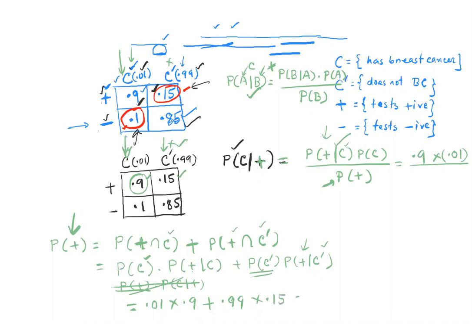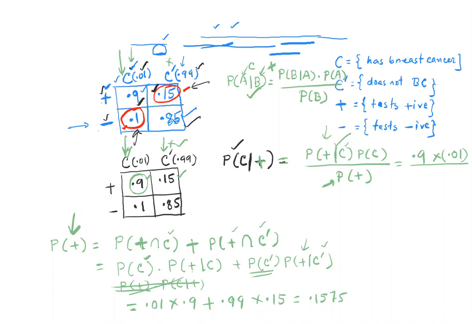And if you multiply these numbers, what do you get? Let me see. 0.9 times 0.01 plus 0.99 times 0.15, that's 0.1575.